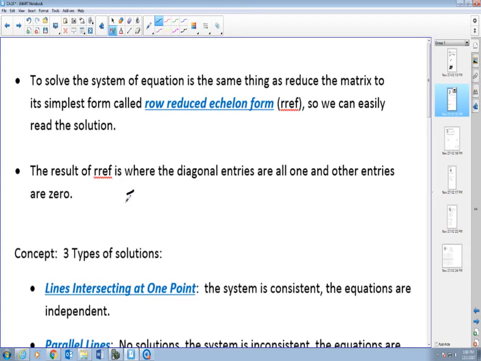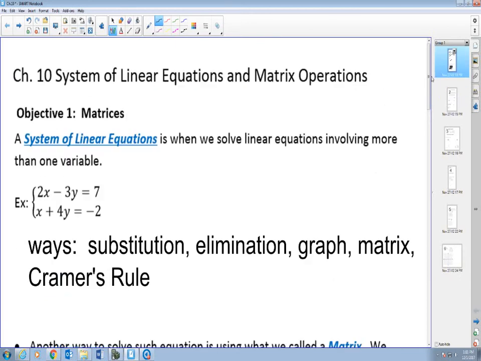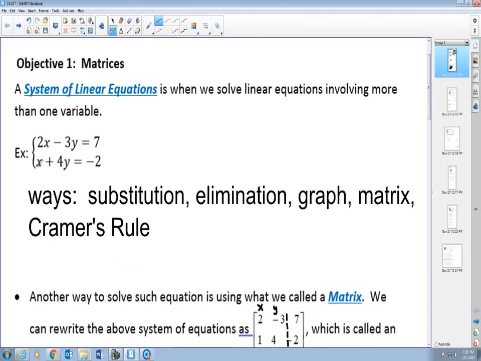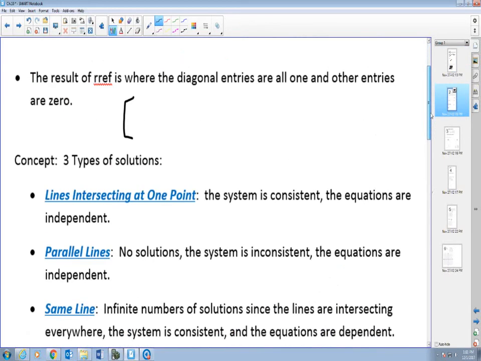Now the result of the row reduced echelon form: what I want to see ultimately is where the diagonal entries are all 1, and my other entries are 0. Remember, if I'm using this example, where I have 2 rows and 3 columns, I want my diagonal entries to be 1 and all the other entries to be 0. Whatever is left in the third column will be my answer.